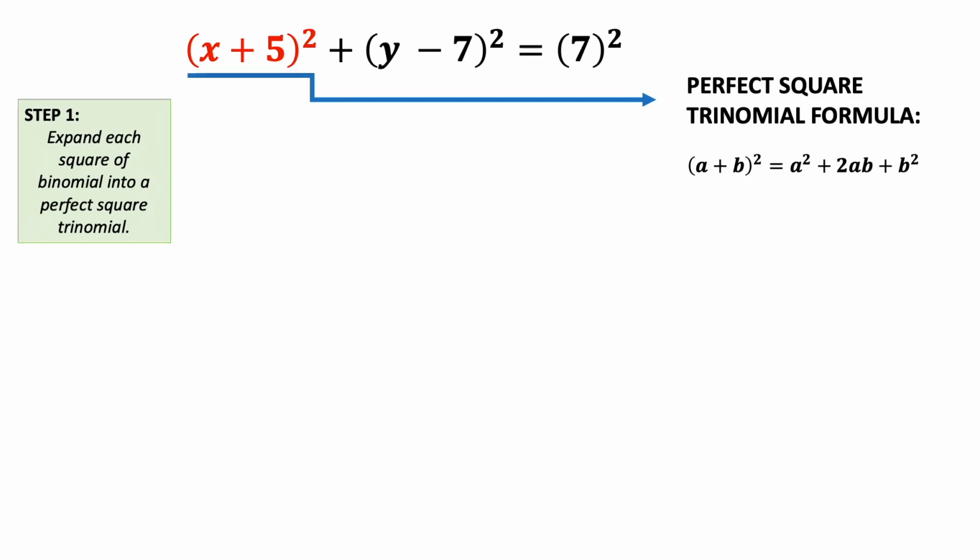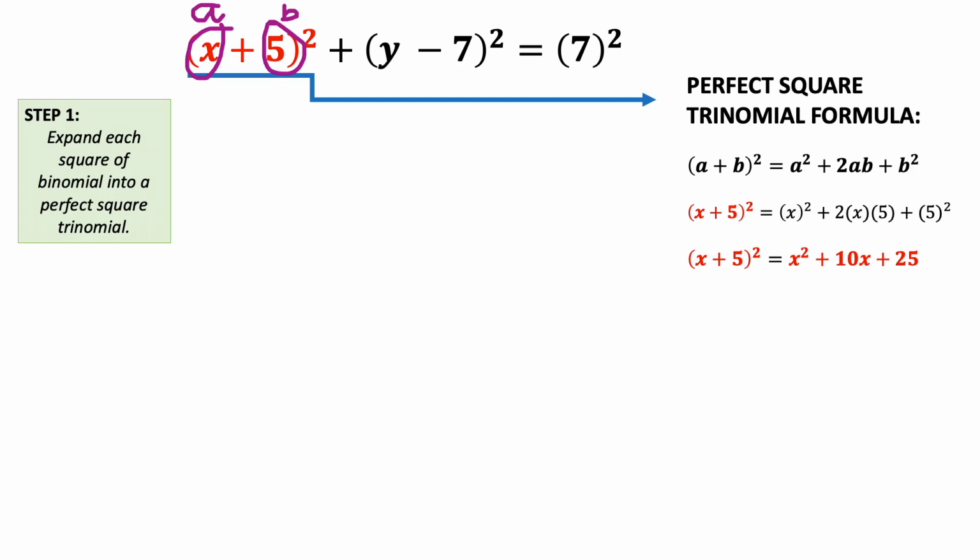We will use this formula to expand the quantity x plus 5 squared because such is of the form quantity a plus b squared. Here, our a is x and our b is 5. Substituting these to the formula, we will have this. Then, by simplification, this will give us x squared plus 10x plus 25.